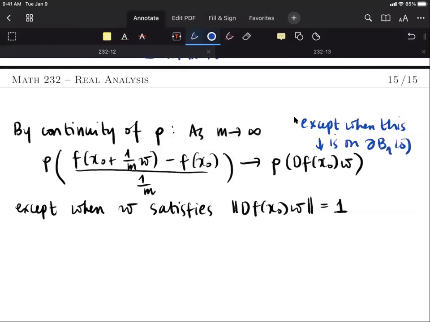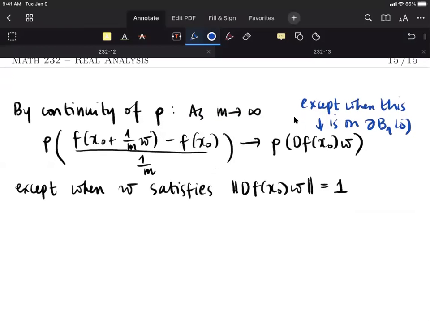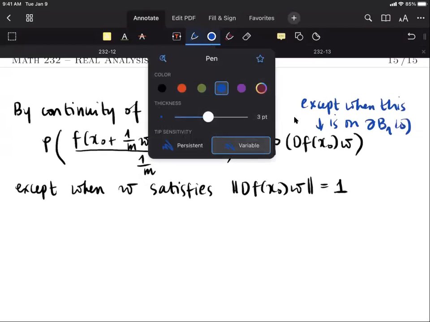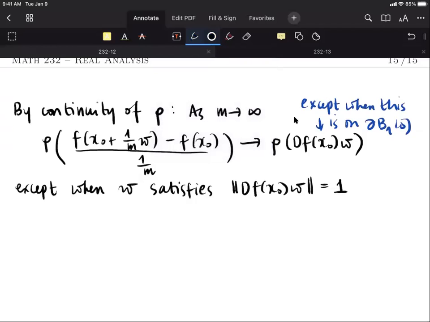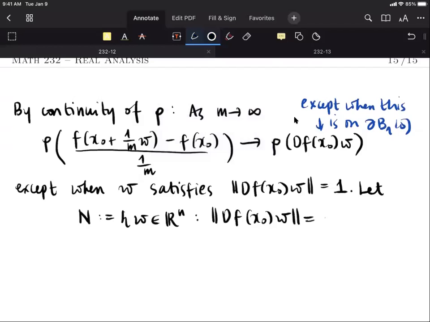Why? Because we said a while ago that this plateau function is continuous except on this boundary. So let us define N to be the set of all points in R^n wherein the norm of this directional derivative is 1.